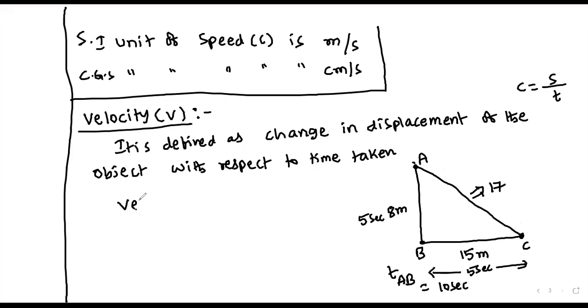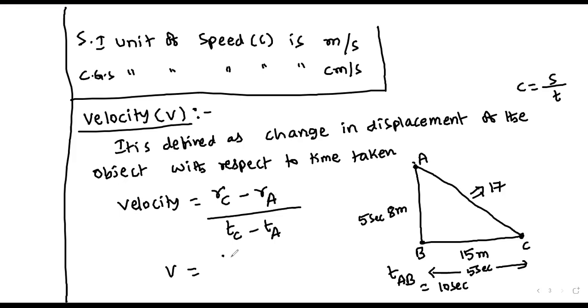So velocity I can write as displacement at final position minus displacement at initial position, and I will indicate displacement with R. Displacement at C minus displacement at A, divided by time at C minus time at A. Displacement at C is 17 meters.